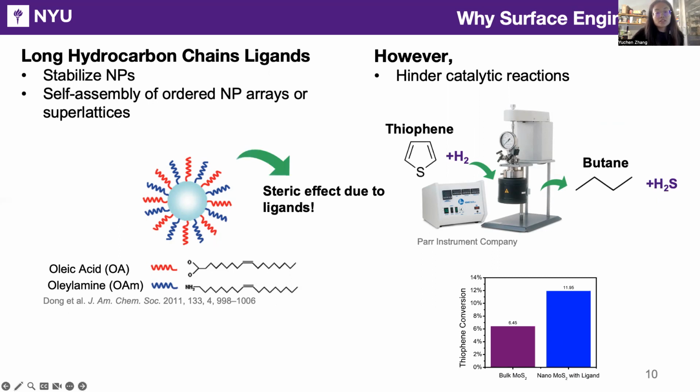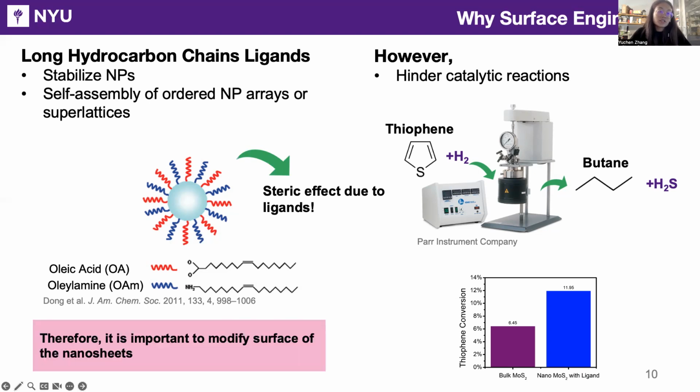This is because the bulky cap molecules on their surface create an isolating barrier around each nanosheet and block access to molecular species trying to react with the surface. Therefore, it is important to modify the surface of the nanosheets to improve their catalytic performance.